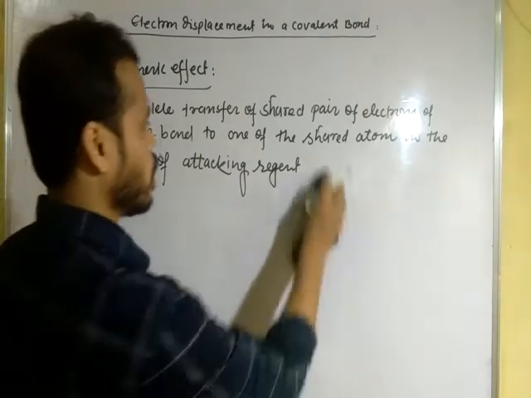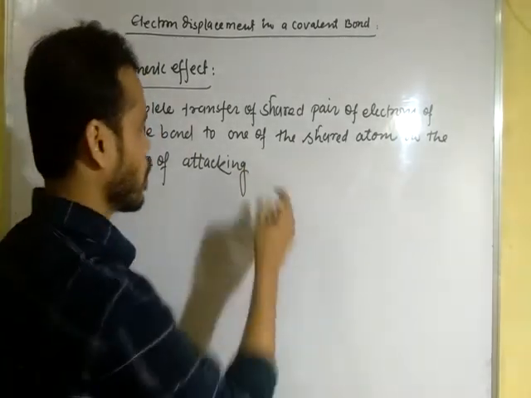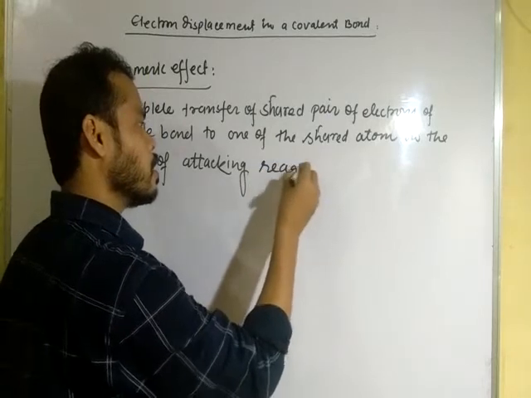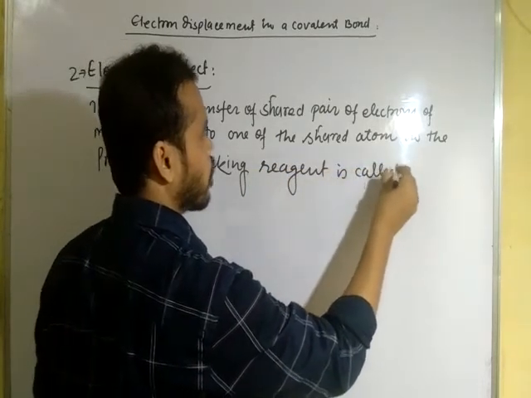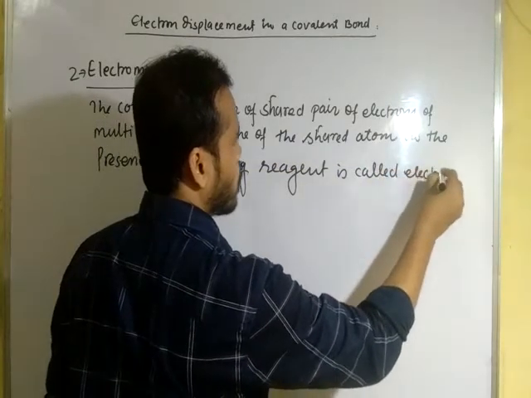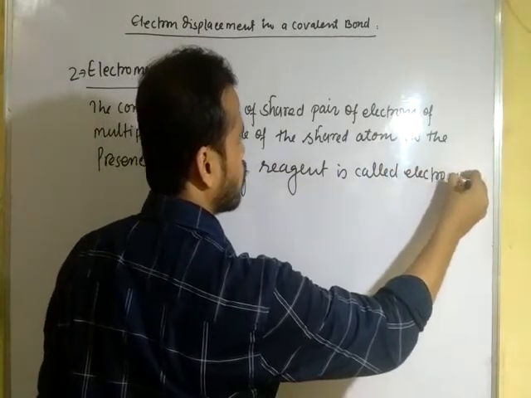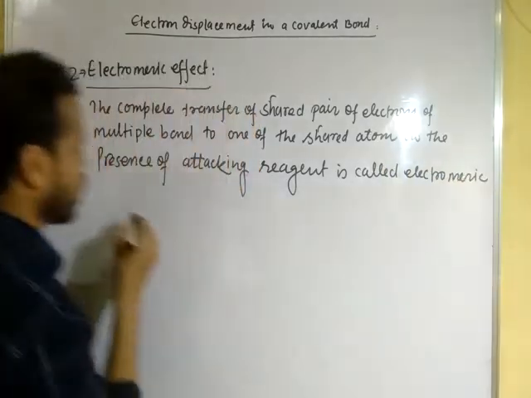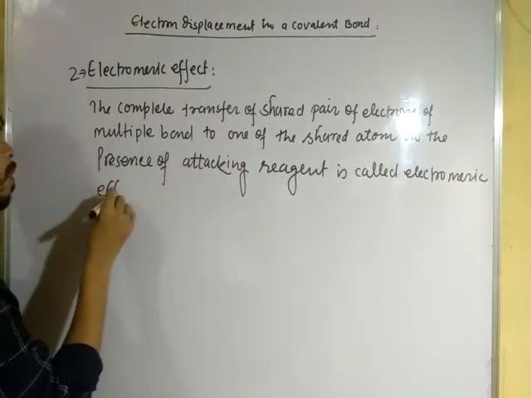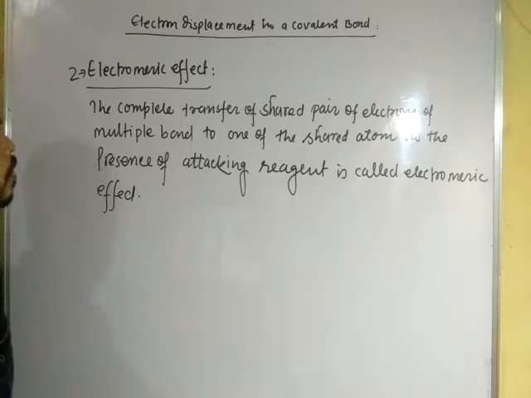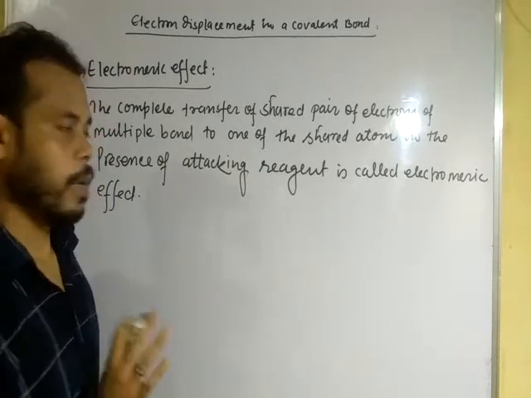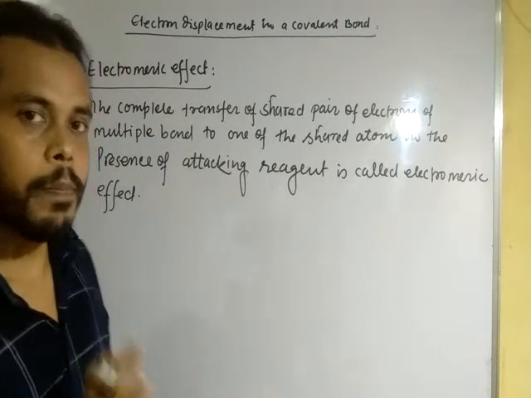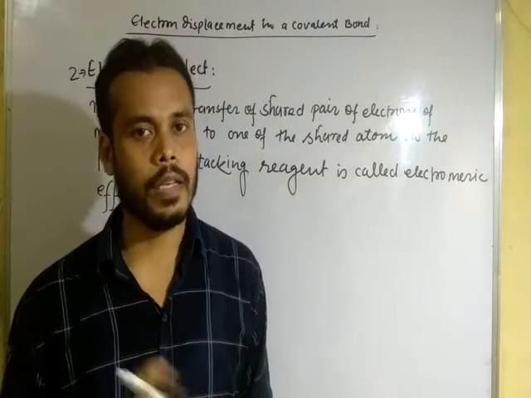The spelling is wrong here, reagent is spelled like this. An attacking reagent is called the electromeric effect. And the electromeric effect is a temporary but complete transfer of pi electrons.